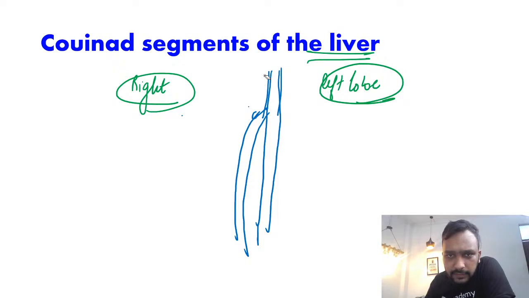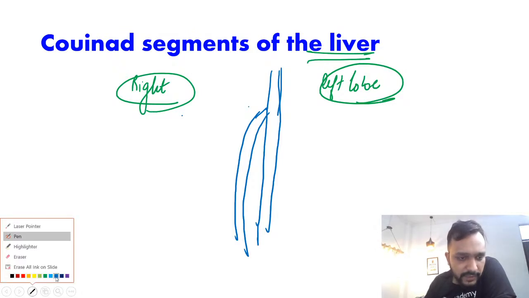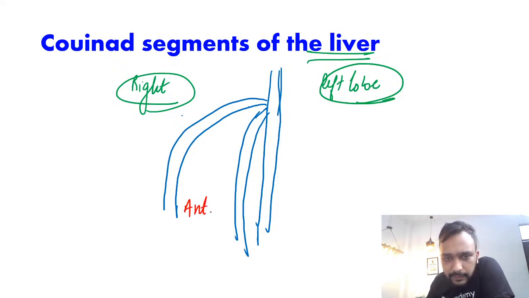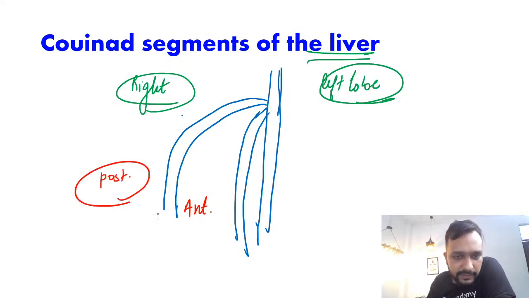Then guys, we have the right hepatic vein. This right hepatic vein is going to divide the liver into anterior and posterior segments. The anterior segments include segment 5 and segment 8, and the posterior segments include segment 6 and segment 7.